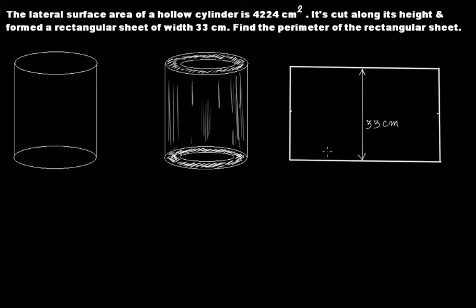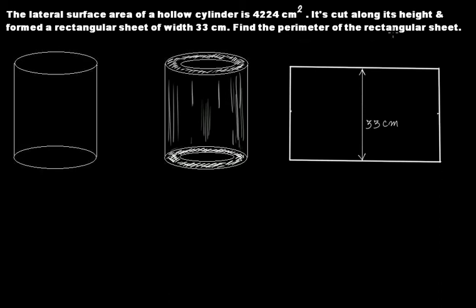Now, the question says that if you cut this pipe, imagine that this hollow cylinder is being cut, and when it is cut, it is formed into a rectangular sheet whose width is 33 centimeters.